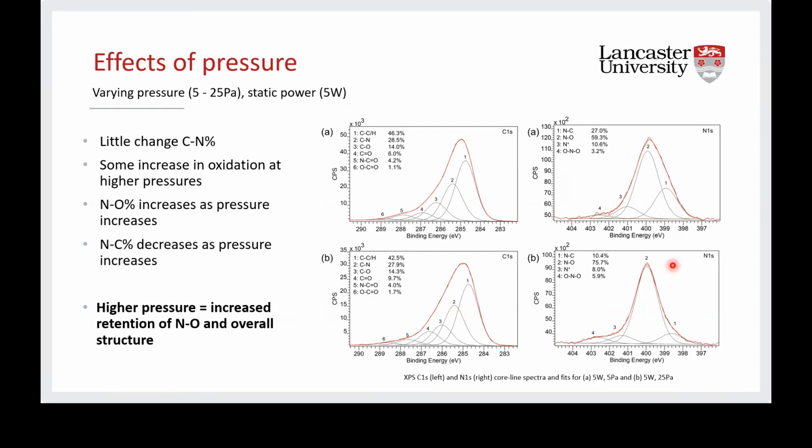At higher pressure, we have a much higher percentage of nitrogen and oxygen. At lower pressure, we see less of that. We see more of an introduction of other nitrogen-carbon environments, so less of what we're after. So again, this gives us a trend that we can look at. Overall, this indicates that higher pressure leads to increased retention of that nitrogen-oxygen bond and the overall structure.